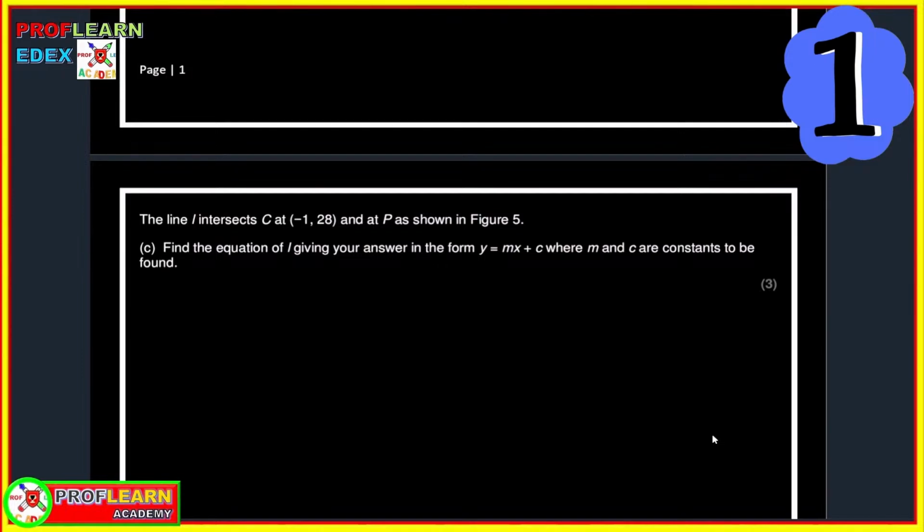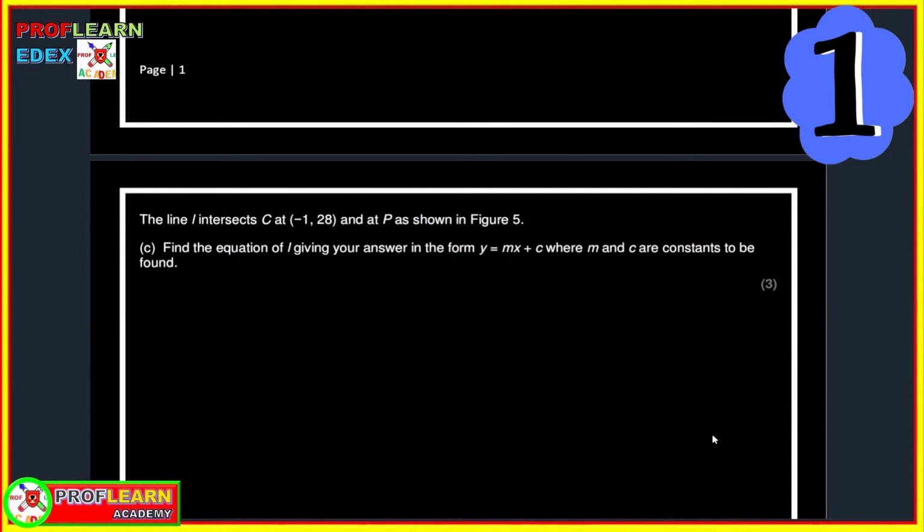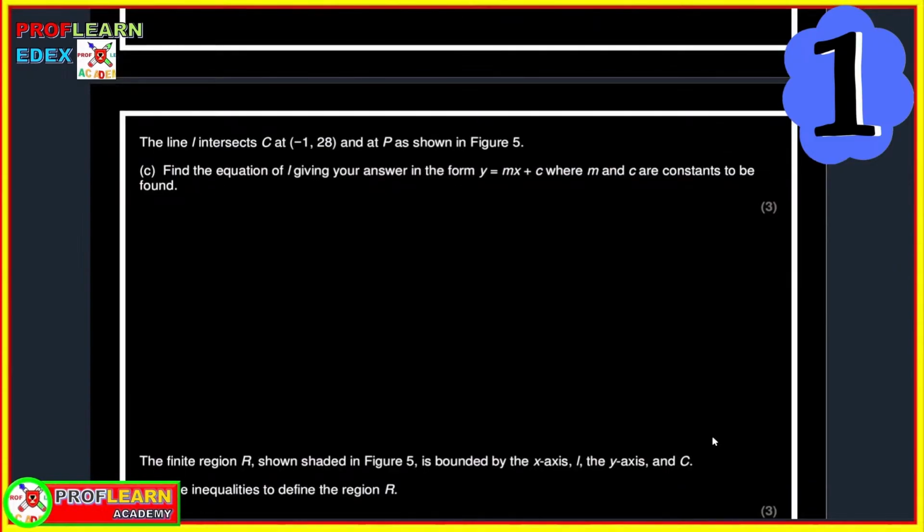Something we need to remember is that whenever we are trying to find the equation of a straight line, the first thing we ought to have is the gradient of that straight line.